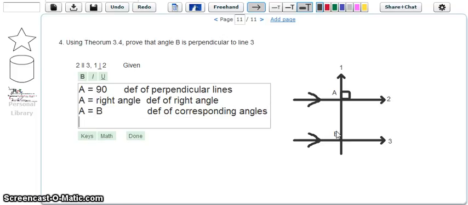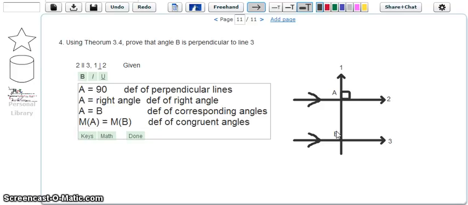Next, we can say that the measure of angle A equals the measure of angle B. And this is because of the definition of congruent angles, because A and B are congruent because they're corresponding, which means they're equal to each other.